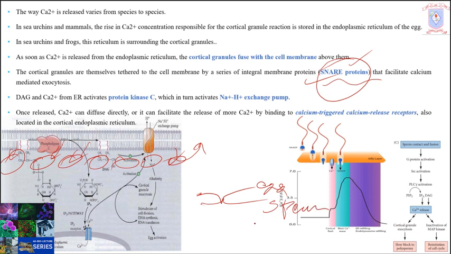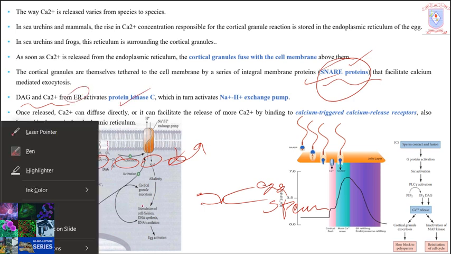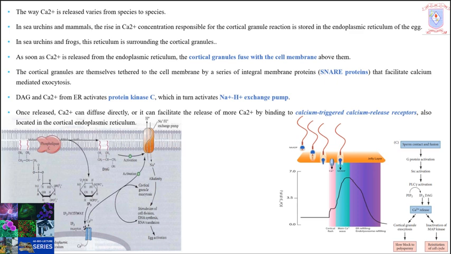Okay. And DAG and calcium from the ER, the endoplasmic reticulum, activate another protein called PKC, protein kinase C. DAG activates a lot of proteins, including protein kinase C, which in turn activates another channel, the sodium hydrogen ion exchange pump.